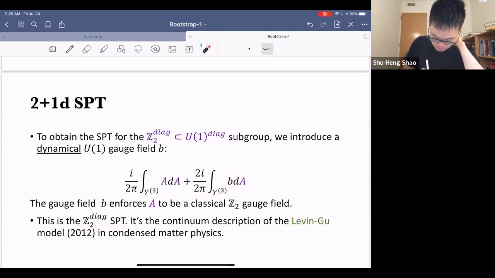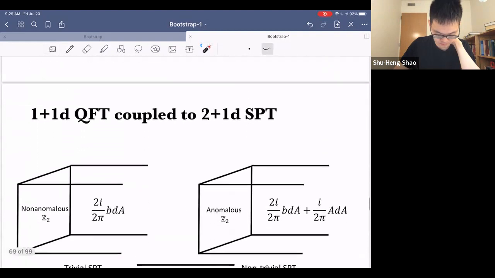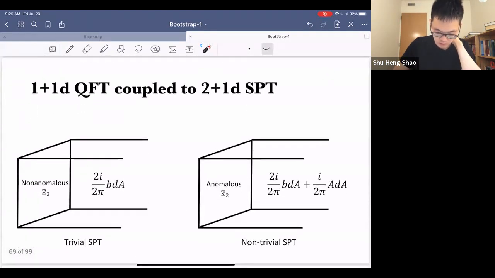It is the continuum description of the Levin-Gu model in condensed matter physics. That's the lattice model for this Z2 SPT. So the picture we have is the following. On this 1+1D boundary, we can have a CFT with a Z2 global symmetry.